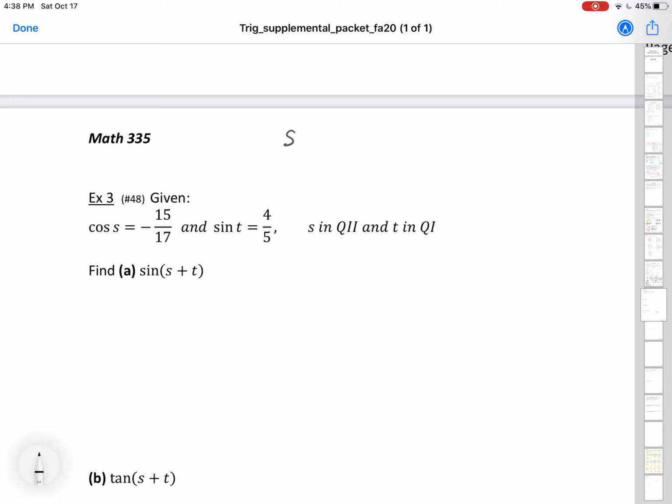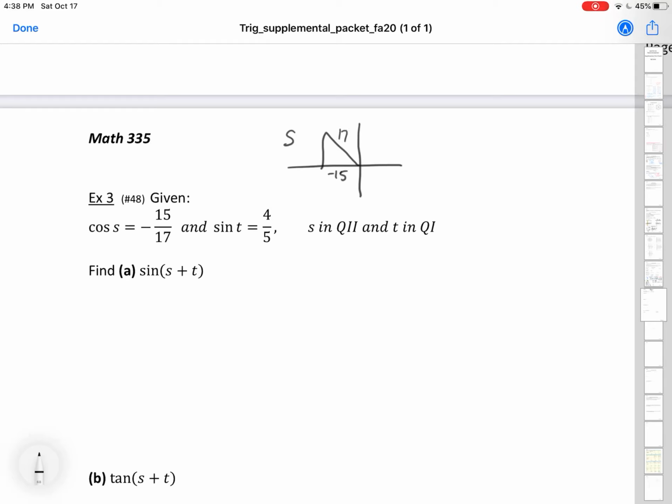Let's go get everything we can about s. Where is s? S is over here in the second quadrant. What do we know about s to start out with? That its cosine is negative 15 over 17.